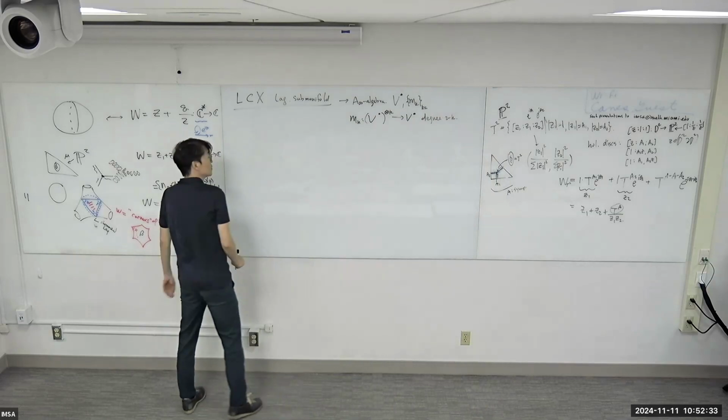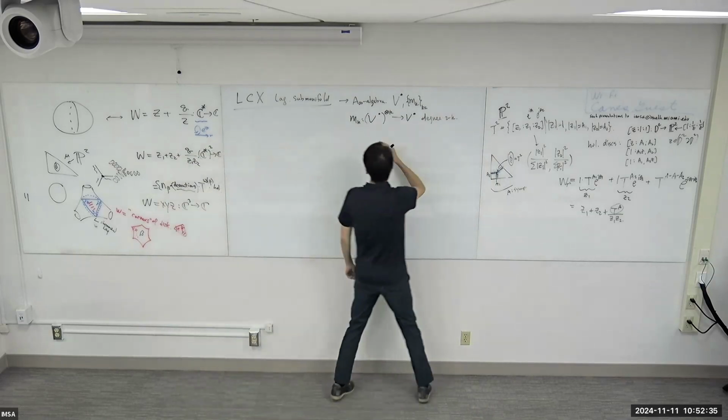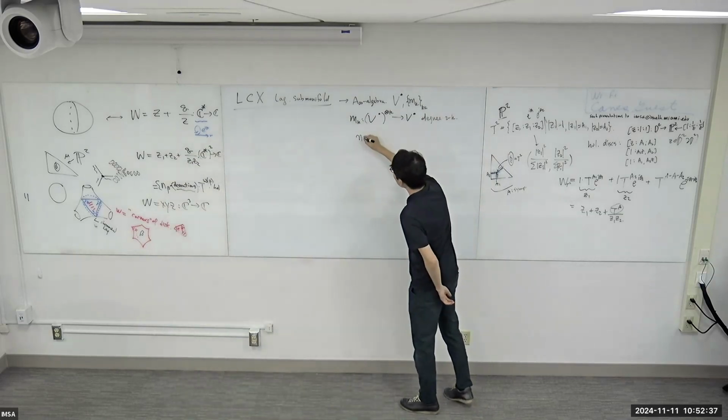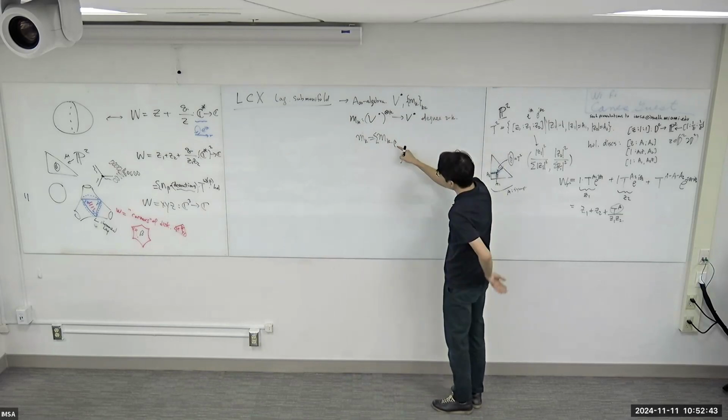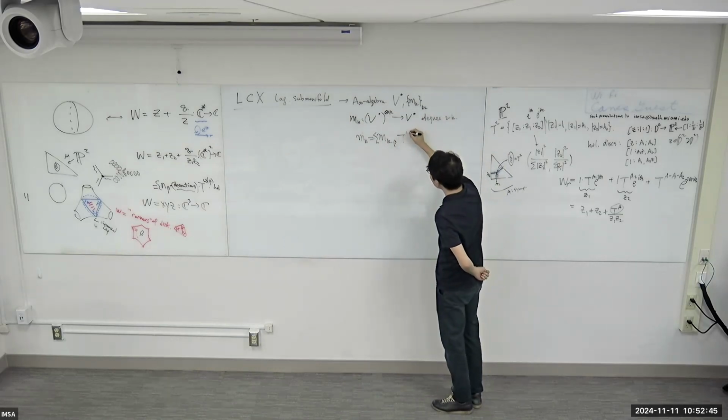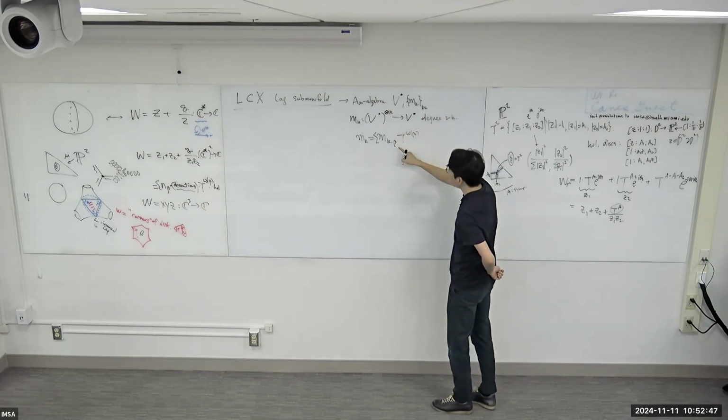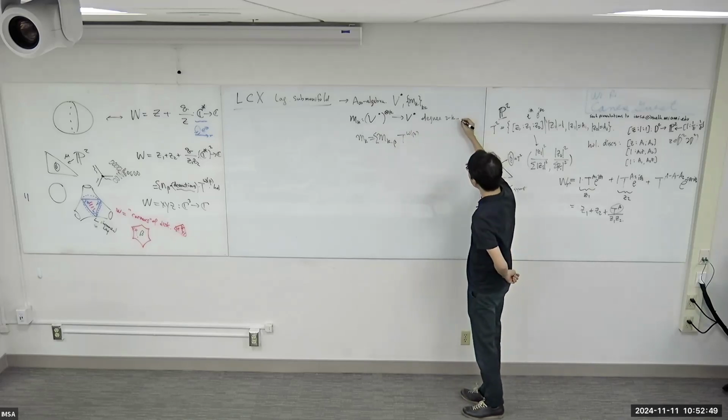But in fact, when it has these contributions, then this has a slightly different degree. It's minus mu of beta.